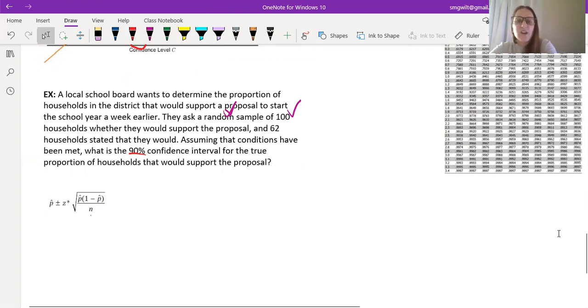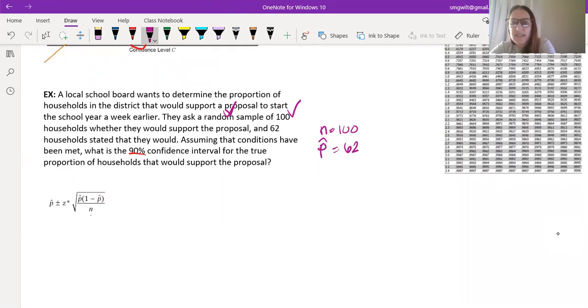So if we check the large counts, we have n, which is 100, and p hat, which is 62 out of 100, or 0.62. So n times p hat is 100 times 0.62, which is 62.